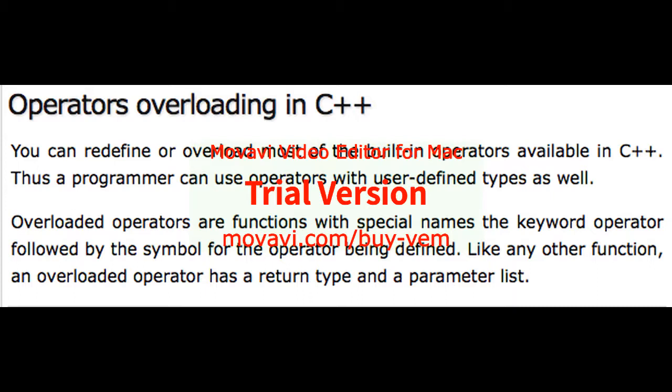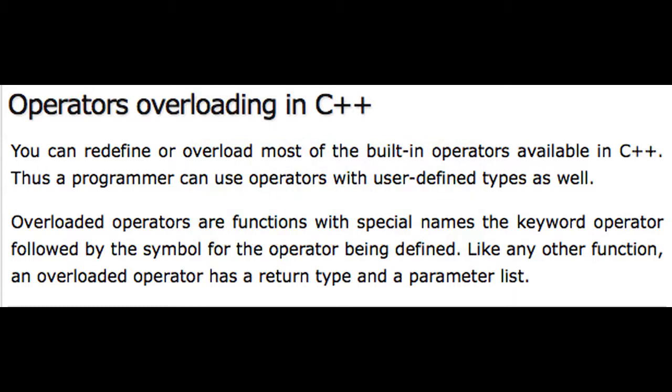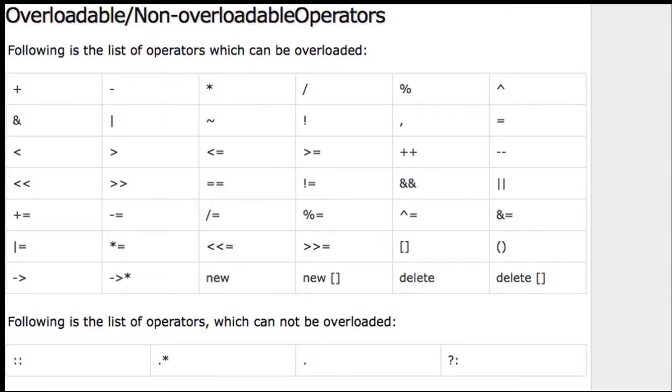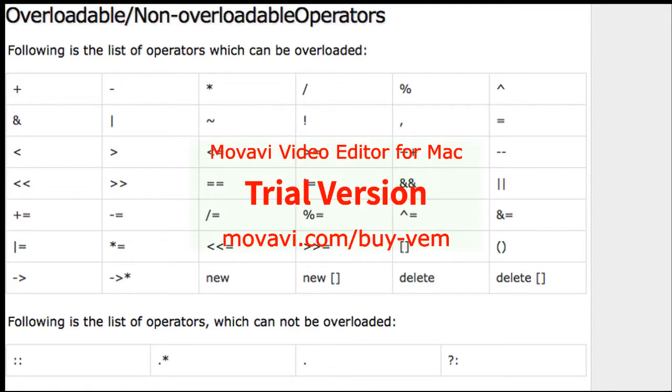Like any other function, an overloaded operator has a return type and a parameter list. These are the overloadable and non-overloadable operators. Now we see the example of operator overloading.